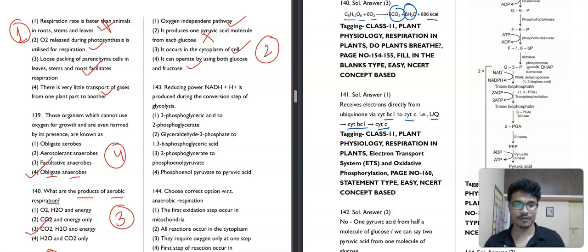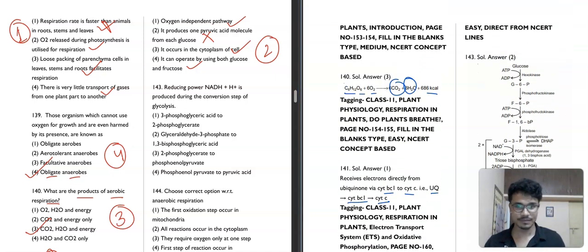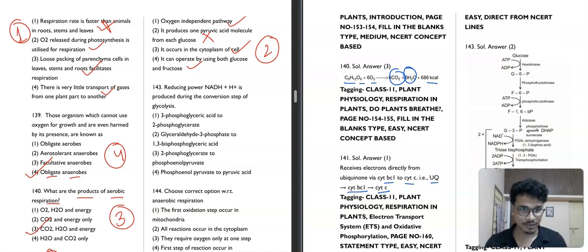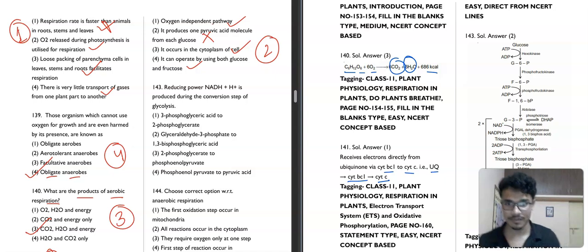Then question number 143. It is saying that the reducing power of NADH plus H plus is produced during which conversion step of glycolysis? You need to remember all of this.